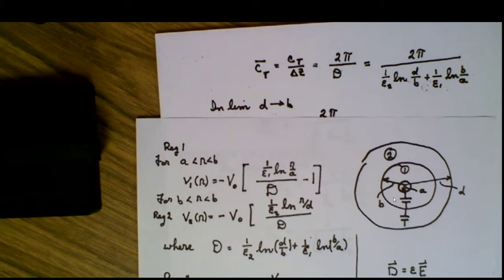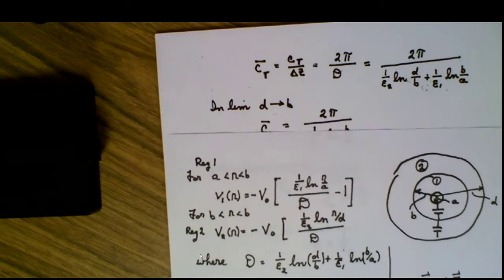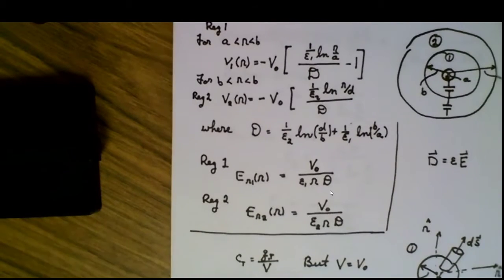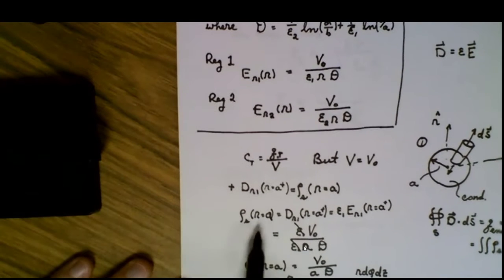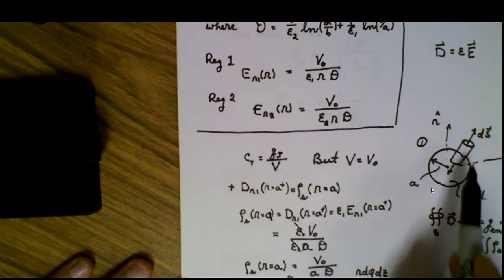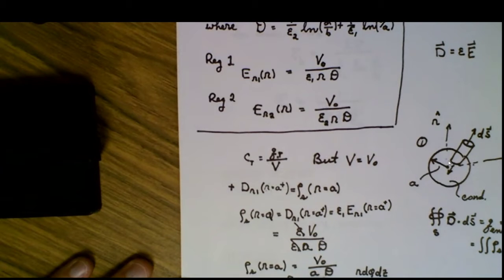Okay. Before, we did two things in this problem. One, we also determined the distribution of charge over the surface. In this particular case, the surface charge density is constant, and hence over the surface of the inner conductor, we see that our surface charge is distributed in this fashion.